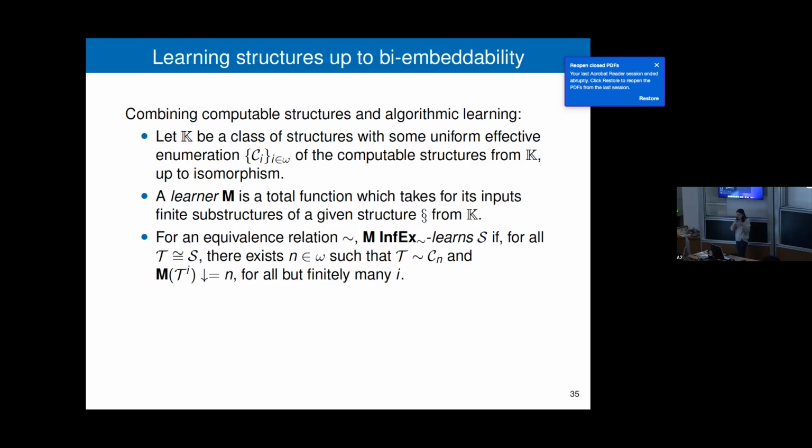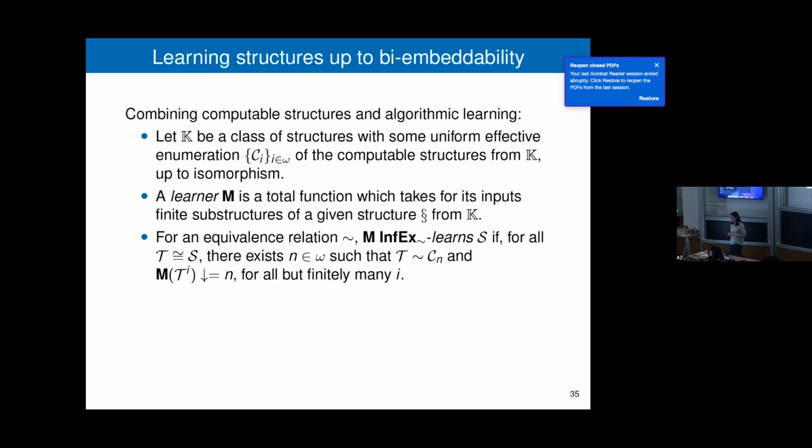The inputs are finite substructures, and the outputs are conjectures, meaning indices of the structures from above. And we do it all up to an equivalence relation.